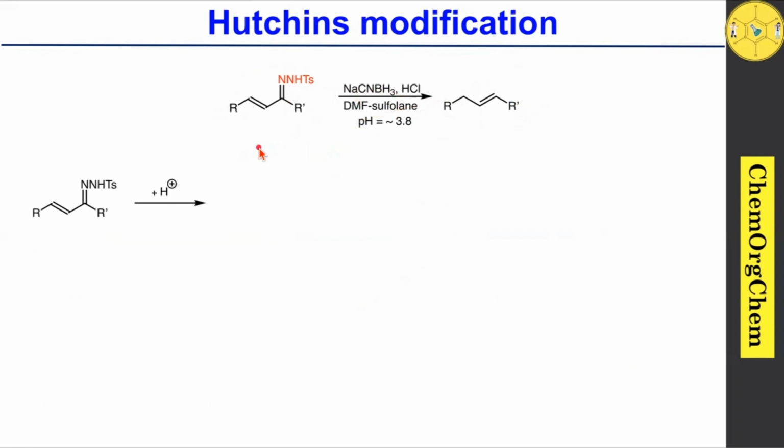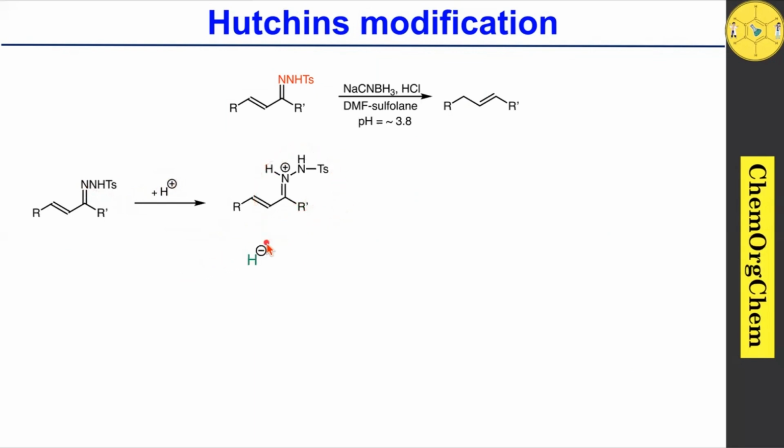As per Hutchins modification, initially this alpha beta unsaturated tosyl hydrazone reacts with acid. Because of this acid, it readily protonates this nitrogen atom, which produces this corresponding intermediate.